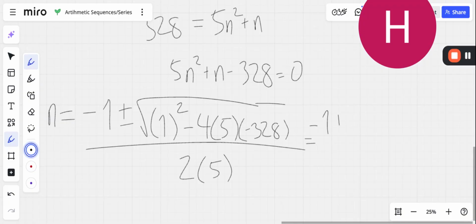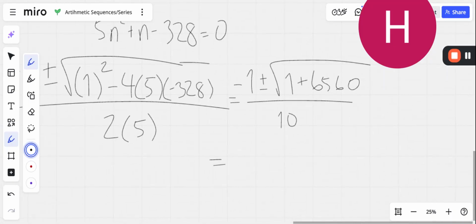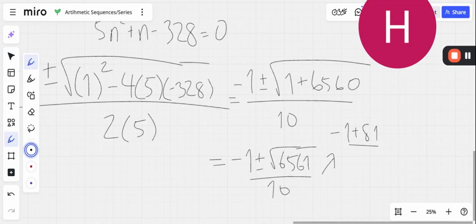We're going to have negative 1 plus or minus the square root of 1 plus, do you know what this comes out to be? 1 plus 6560. Believe it or not, that is going to work out nicely, because the square root of 6561 is just 81.